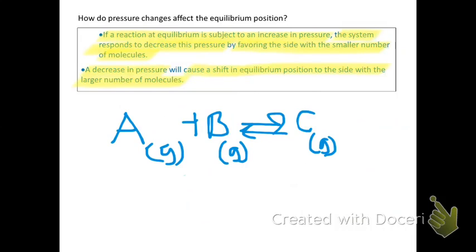Now, if I reduce the pressure, then obviously I want to create more pressure. The only way I can create more pressure is if this reaction shifts to the left in order to create more molecules of reactants, and that will increase pressure. So that's how pressure changes work at equilibrium.